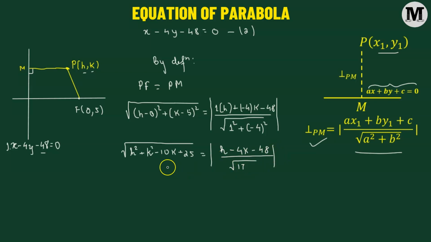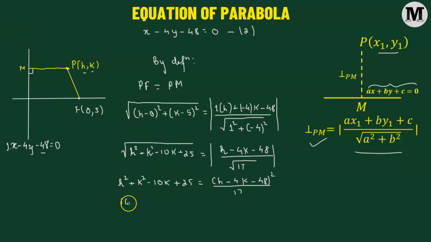To further simplify, we square both sides to get h squared plus k squared minus 10k plus 25 equals, on the right-hand side, (h minus 4k minus 48) whole squared divided by 17. Now we cross multiply with 17 and rewrite the terms, which I'm leaving as an exercise for you. I'm going to write the simplified expression.